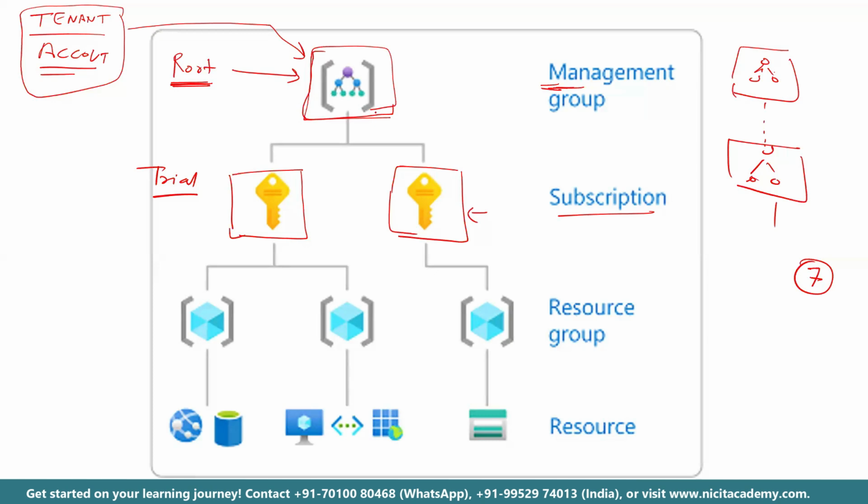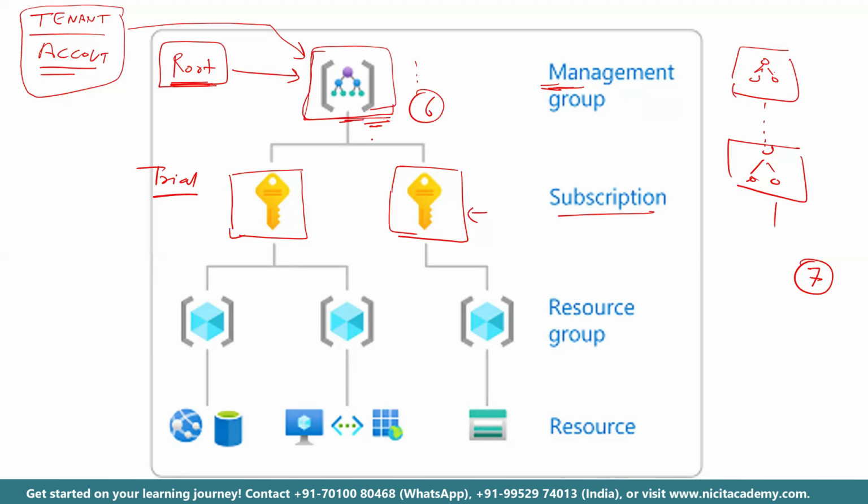You can keep creating management groups under the root management group. But the root management group is going to be one only. You can have up to 6 levels underneath it of management groups.